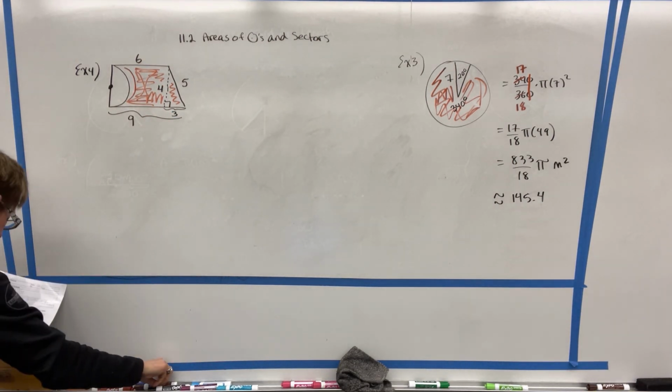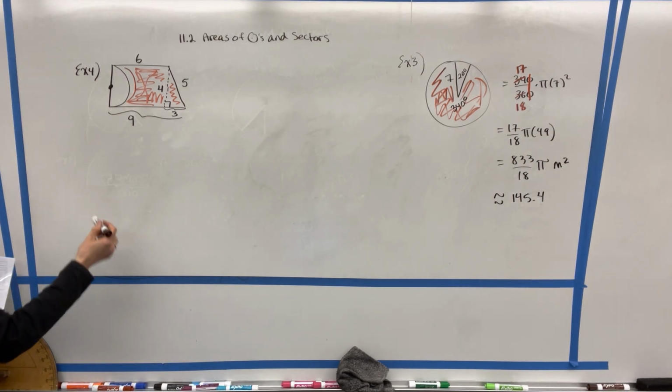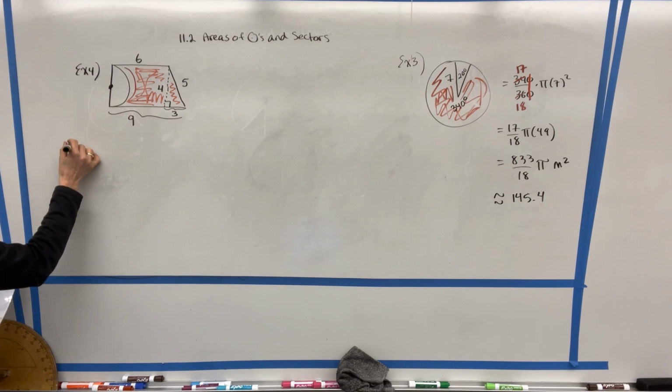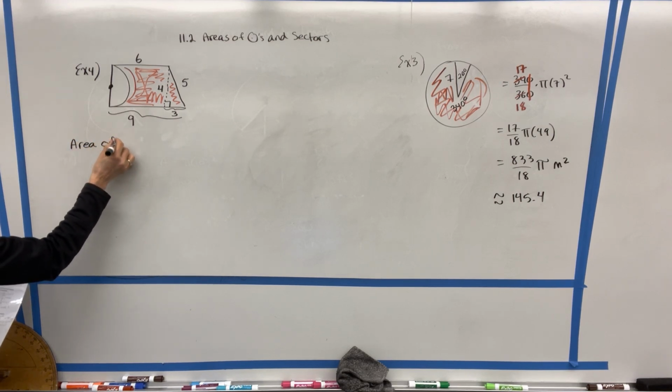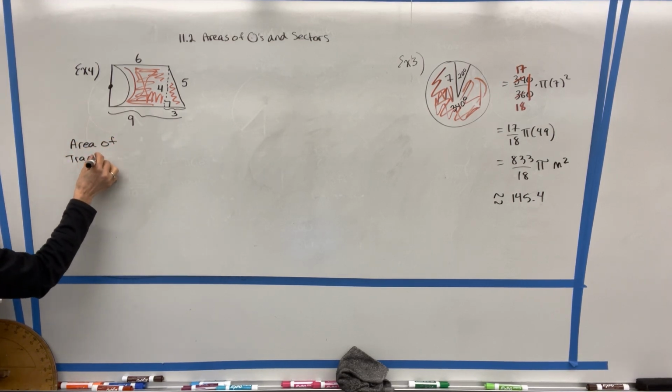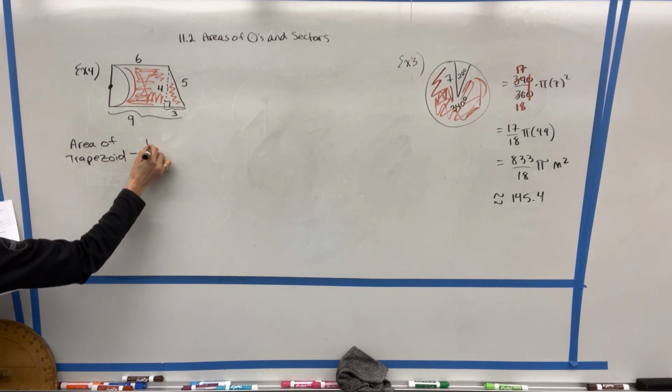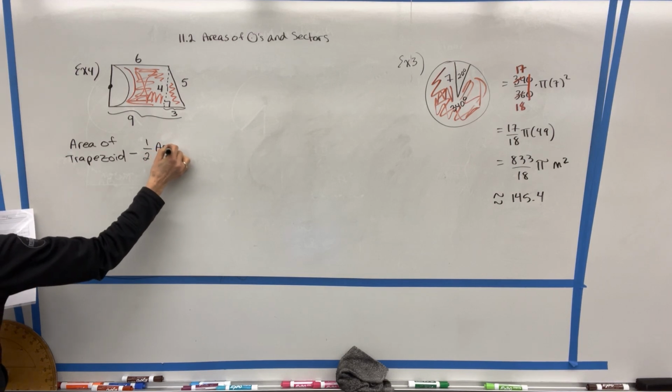So if we put that into words, notice that my bigger shape is a trapezoid. So I want to take the area of the trapezoid, and then I want to subtract off half of the area of a circle.